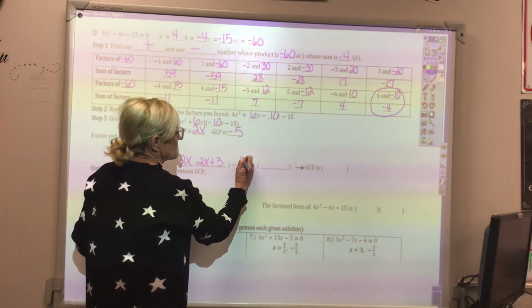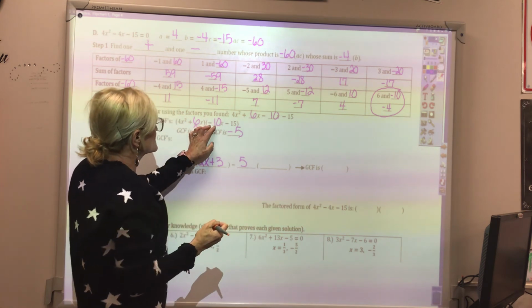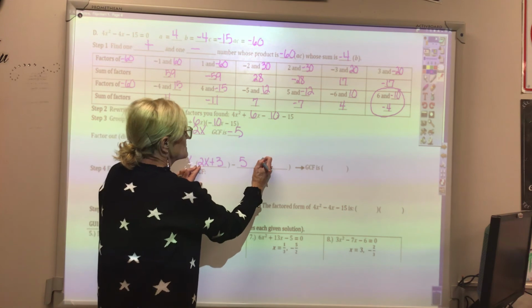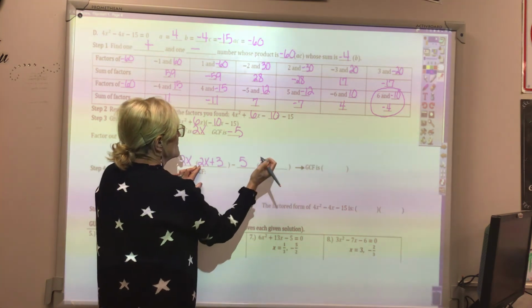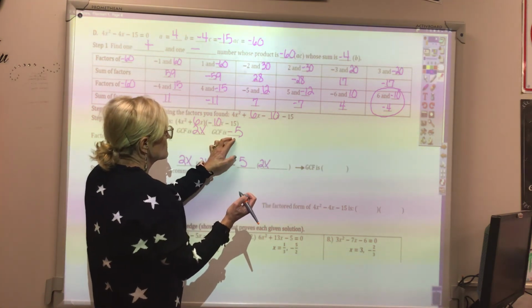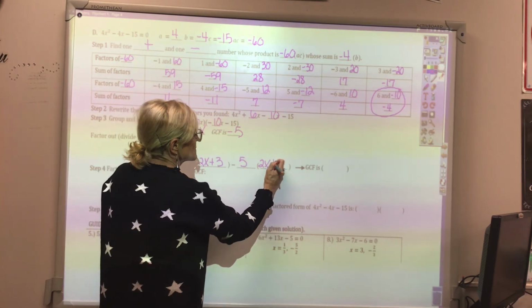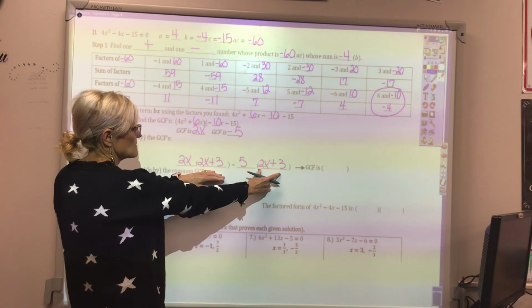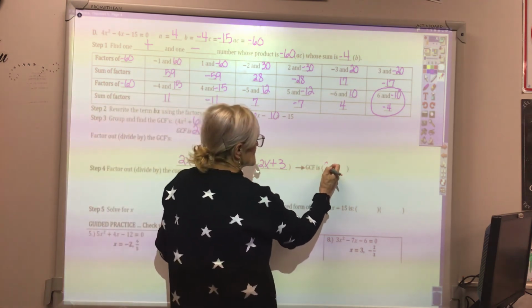Then we pull out our negative 5. Negative 10x divided by negative 5, notice again, is 2x. Negative 15 divided by negative 5 is positive 3. Here you go, you can see your greatest common factor is 2x plus 3.